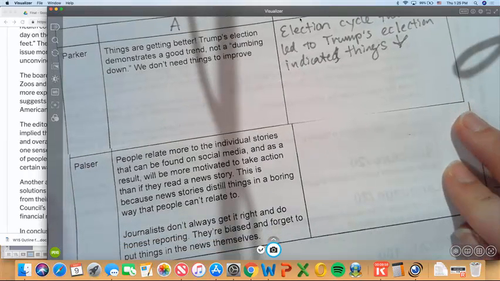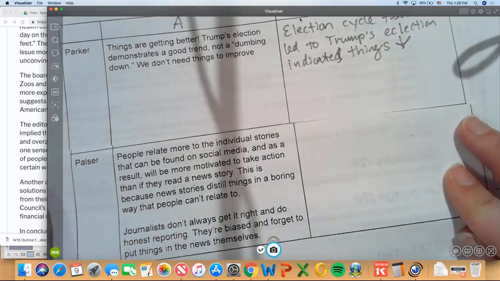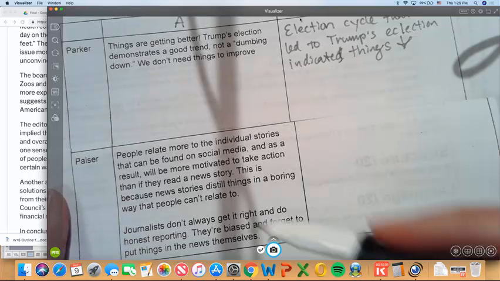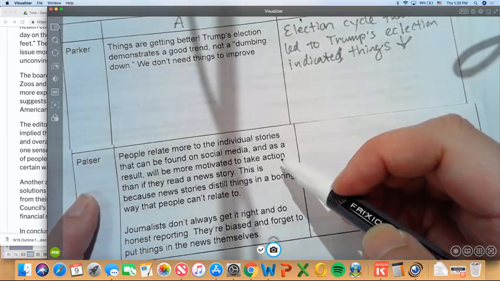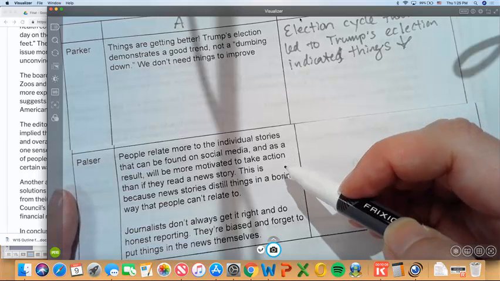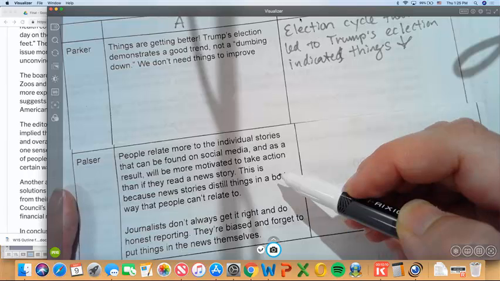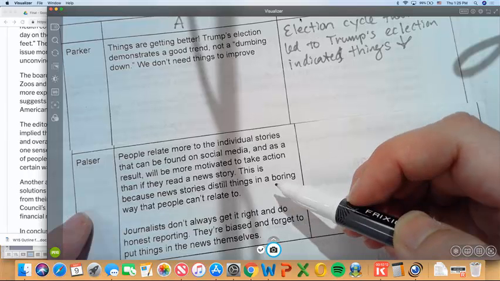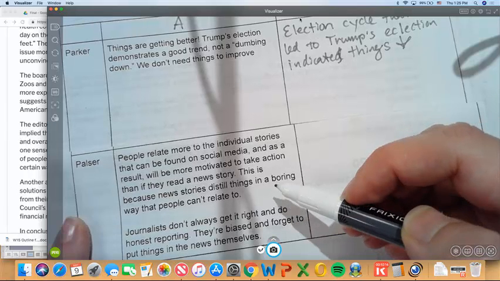So maybe someone who reads that article says, oh, but people relate more to individual stories that can be found on social media, and as a result will be more motivated to take action than if they read a news story. This is because news stories distill things in a boring way people can't relate to. So that could be a criticism.